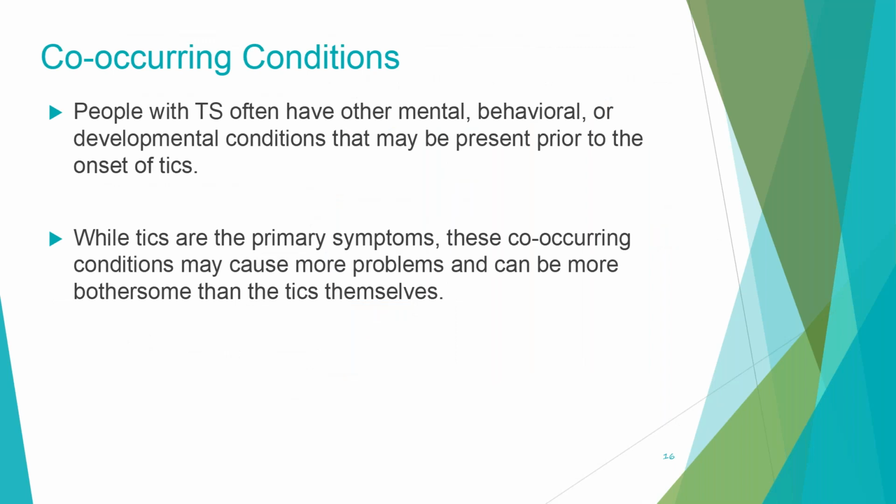So talking about the co-occurring conditions, a lot of times those are present before the onset of tics, or before we start to be able to observe them. And many people that I've worked with and talked with over the years say it's the co-occurring conditions that create many more problems than the primary tic symptoms.